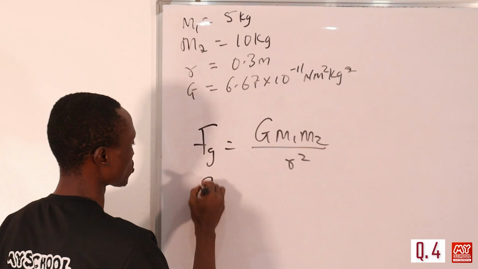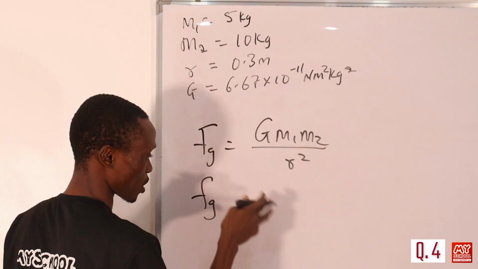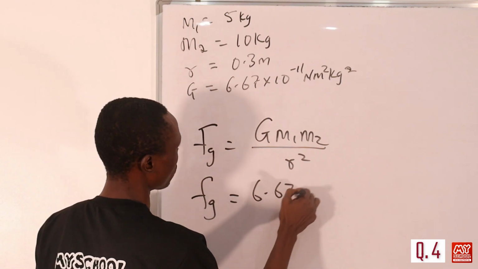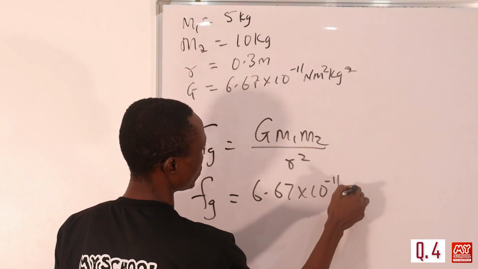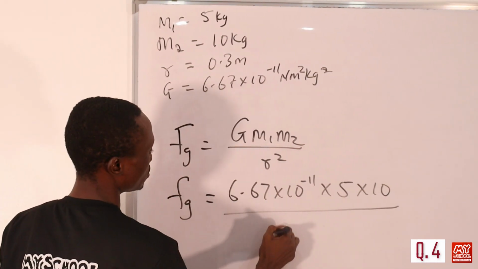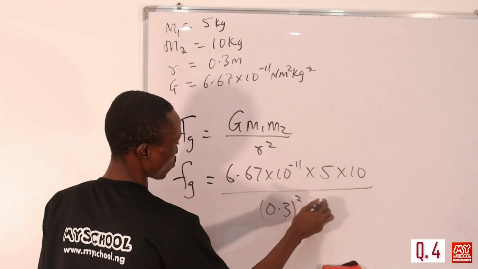Okay, so if we substitute our value, Fg, which is the force of attraction between the two masses, will be equal to 6.67 times 10 raised to power minus 11, then times 5, then times 10, divided by (0.3) squared.